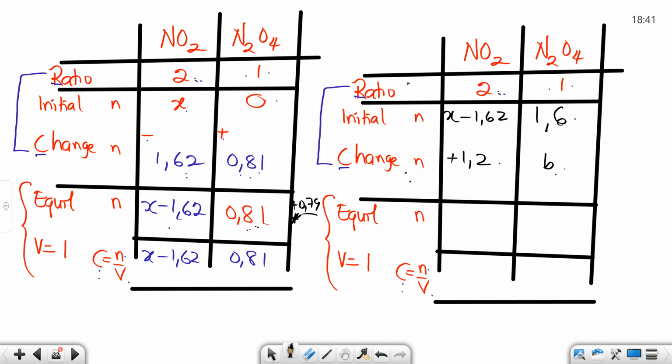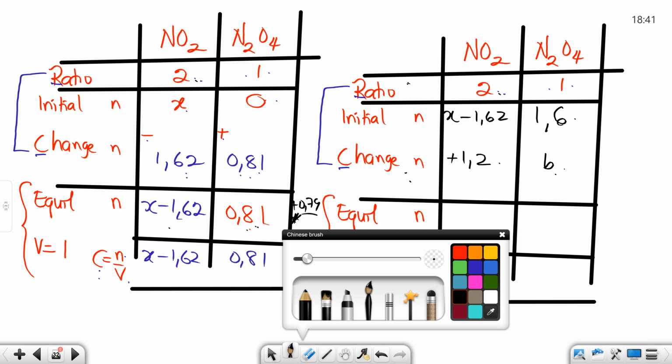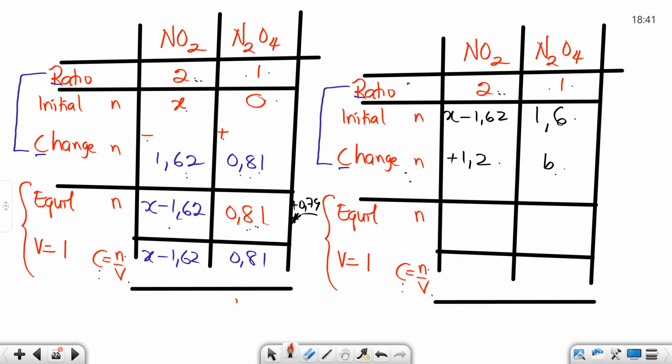2b. Okay. Can you give me a value? All right. So 2b equals what? 1,2.